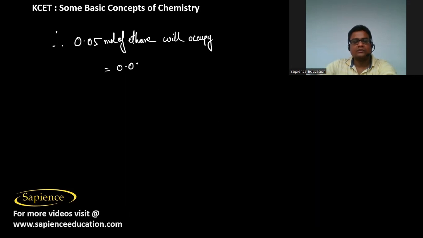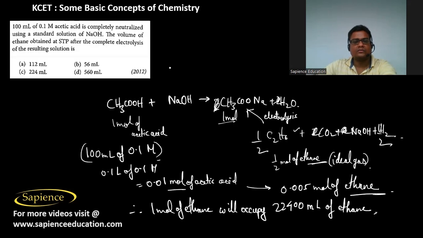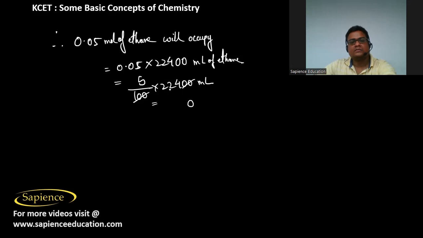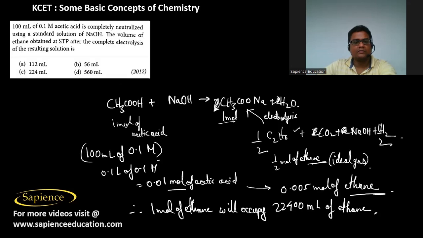That will be equal to 0.05 into 22400 ml of ethane.